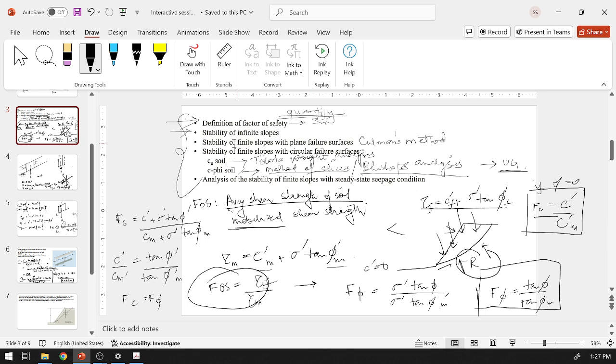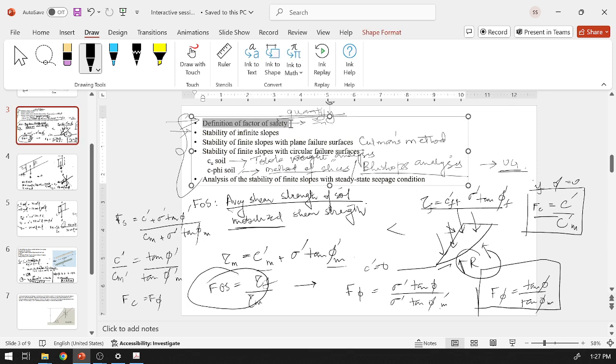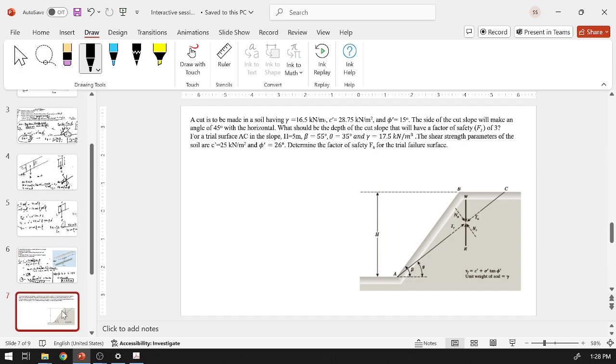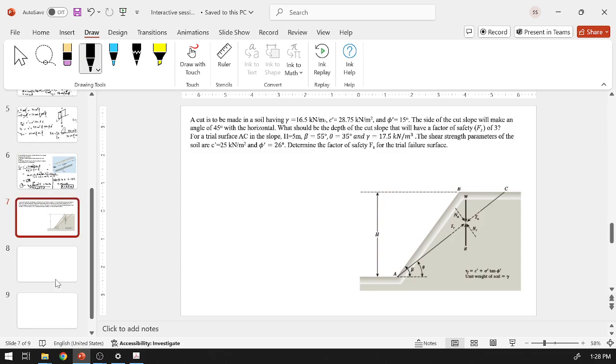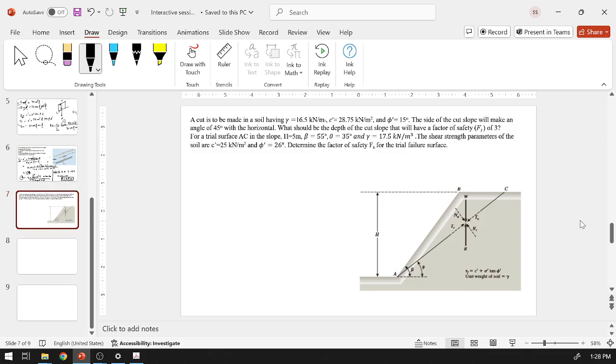The next part is we talked about the definition of factor of safety, we talked about stability of infinite slopes. Now let's talk about stability of finite slopes. As I mentioned, finite slopes can either have a circular failure, I've not yet uploaded a question for this, that I will do in a while, or a planar failure.